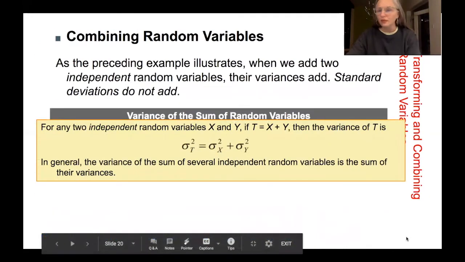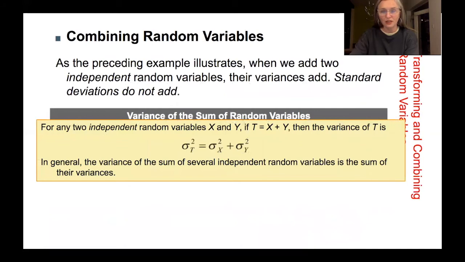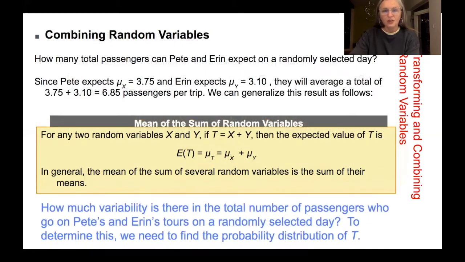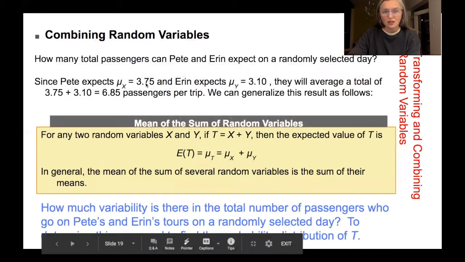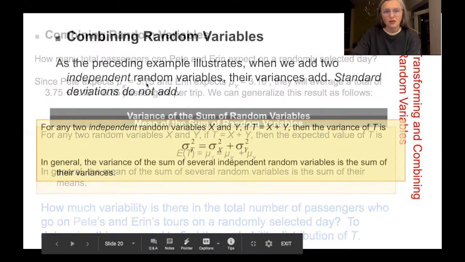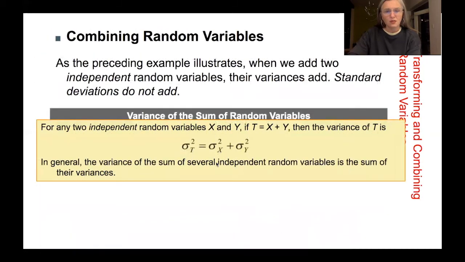Well, standard deviation does not work that way, okay? So standard deviation, we have to go to variance. Do not add standard deviations. Don't do it, okay? Add variance. So if you're given standard deviation and standard deviation, you can actually just square the numbers, add them, and then take the square root, okay?